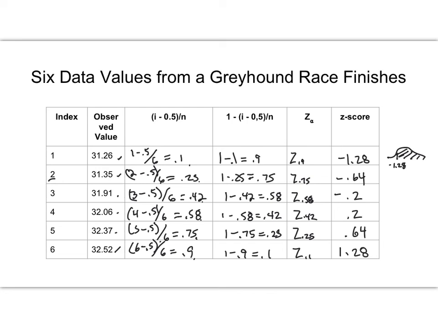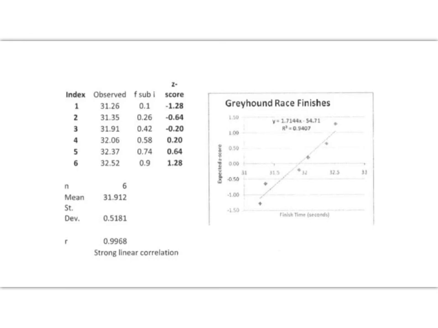So when I plot this, these observed values here are going to go on the x-axis, and these z-scores here are going to be my y-axis. And here's a picture of what it looked like. Okay, I have at roughly 0.2, I have a value here and a value here. And these are my finish times.